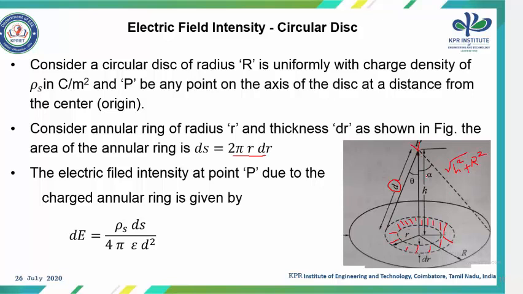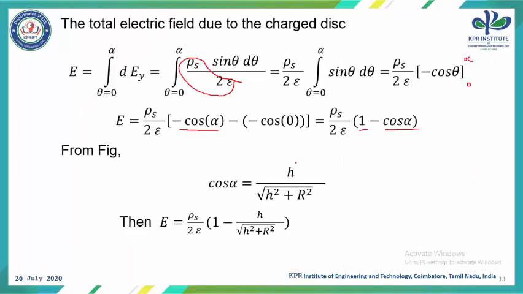Cos alpha equal to adjacent side divided by hypotenuse. The adjacent side is h. The hypotenuse is the square root of h squared plus r squared. Now you have to substitute that cos alpha value in this equation. Therefore you are going to get E equal to rho s divided by 2 epsilon into 1 minus h divided by square root of h squared plus r squared.